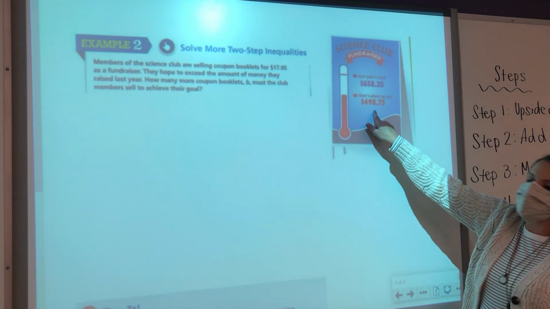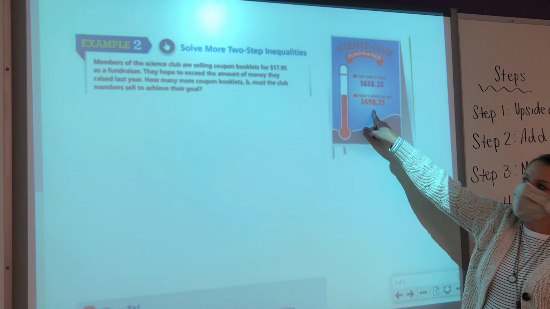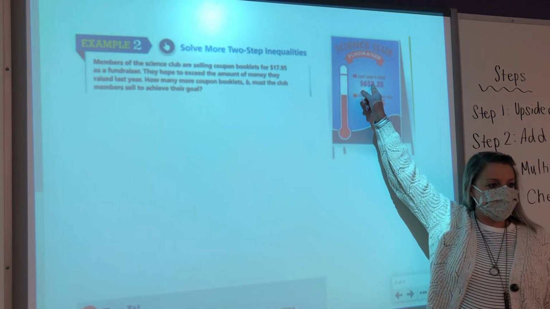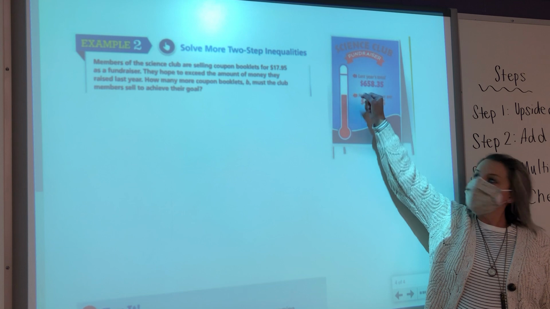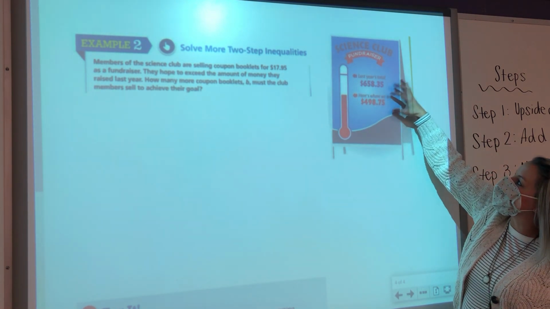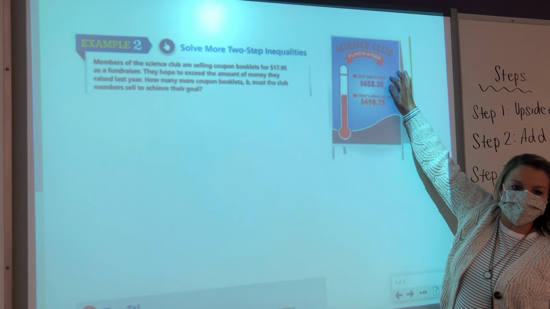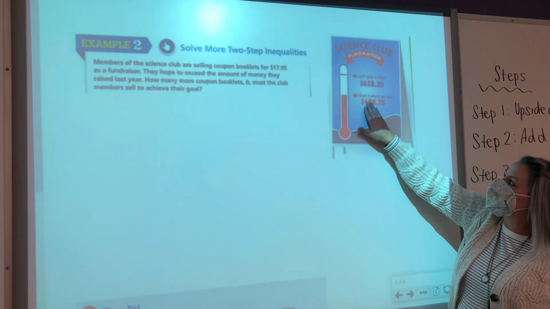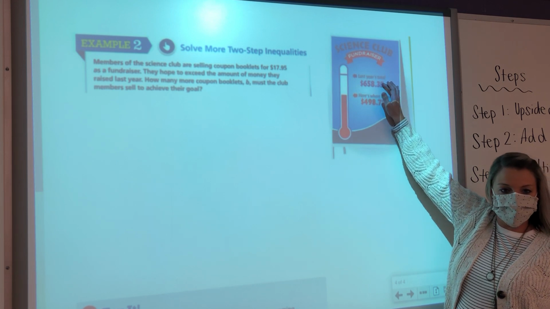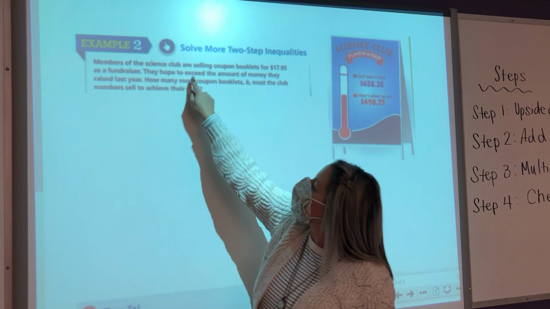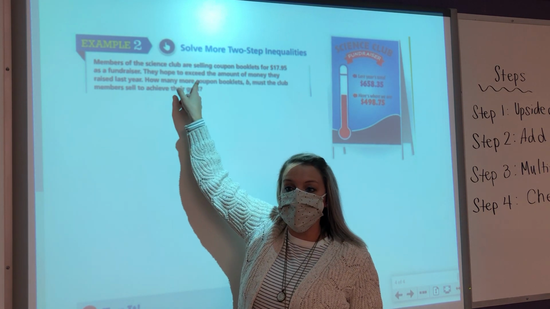So here's where they were last year. Here's where they want to be this year. No, it's the other one. That was their total last year. Oh, sorry. Here's where we are now. This is where we were last year. Sorry. Okay, then flip flop. You're right. Okay, so if we're here and we want to get to here, but not only here, we want to exceed the amount.